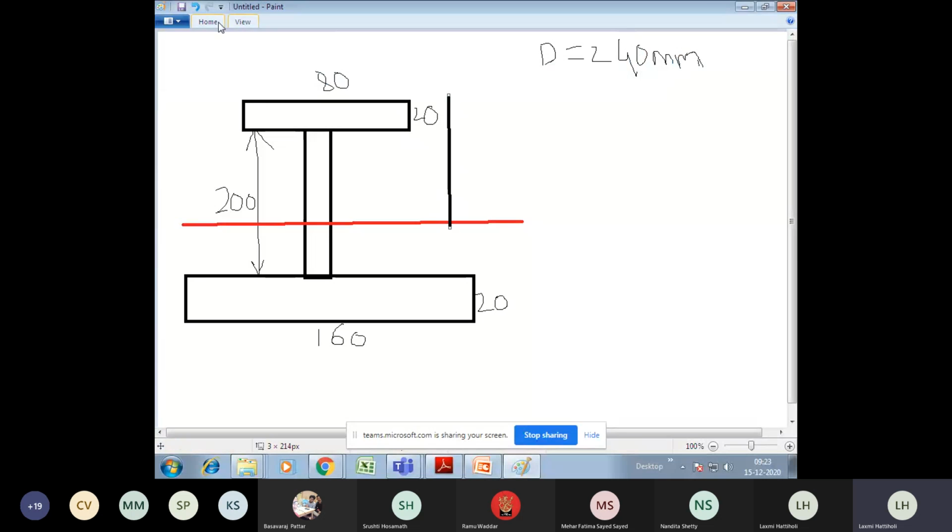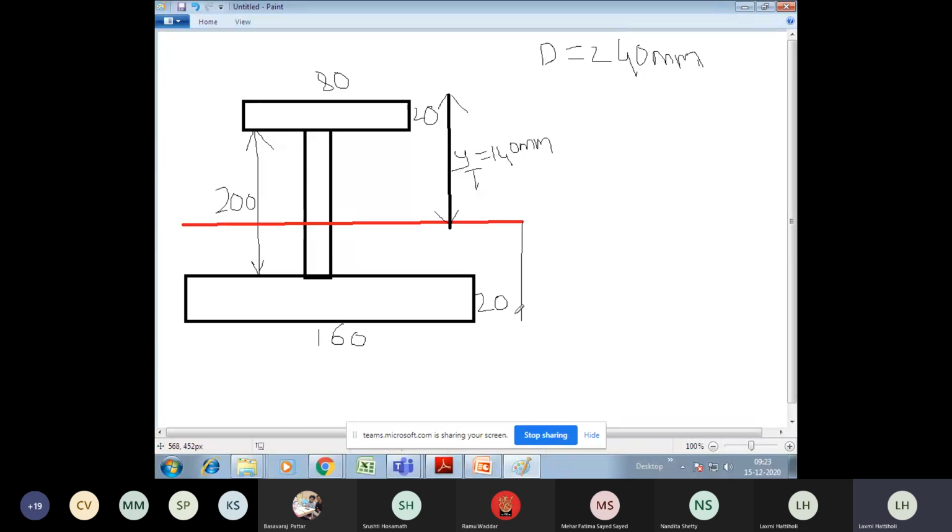This is YT, that is 140 mm, which I got from the calculation A1Y1 plus A2Y2 plus A3Y3.